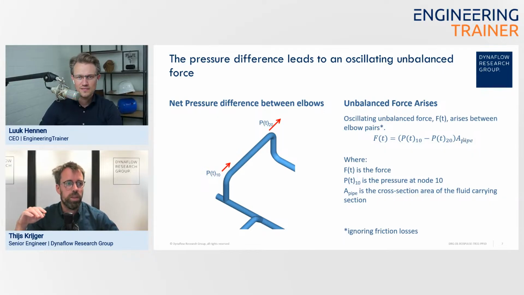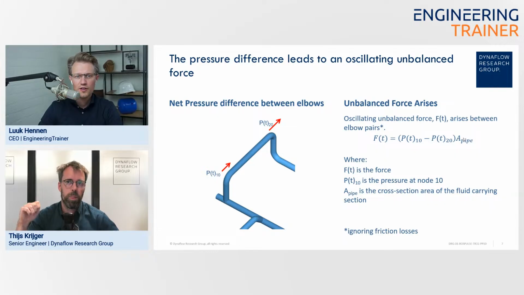These shaking forces will cause some level of vibration in your piping. But because that's going to be acting all the time, you should assess that for fatigue related damage sources.